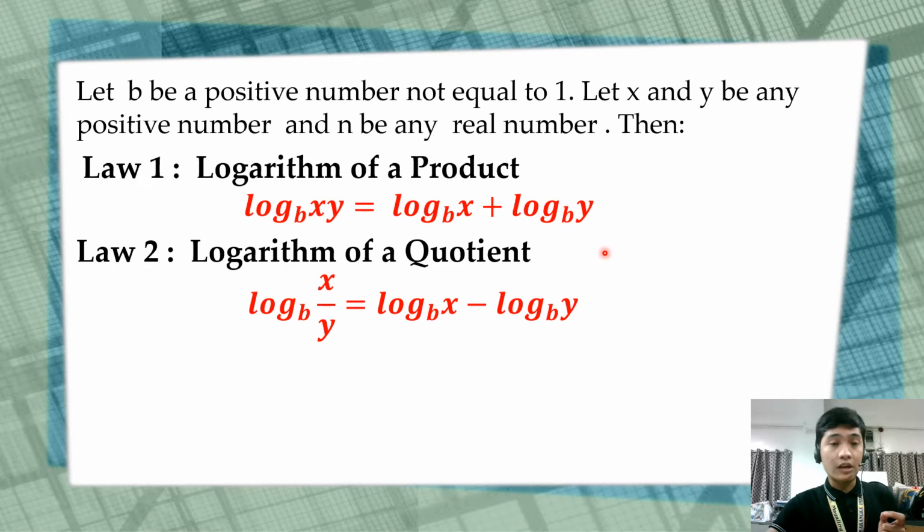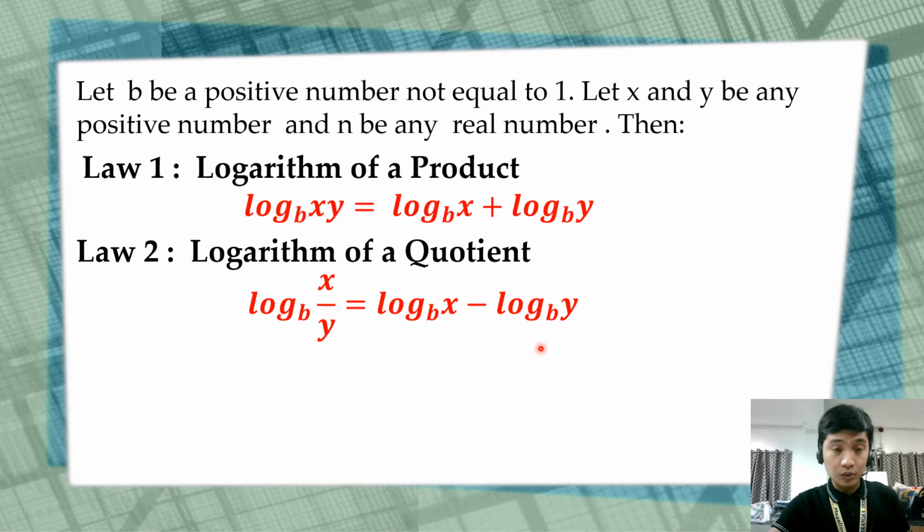The second law of logarithm, we call it the logarithm of a quotient. This time, the mere fact that we mentioned a quotient means we divide two positive numbers. The pattern that we're going to follow in the second law of logarithm is logarithm of x over y base b. Every time you divide two numbers and relate it to a logarithmic expression, the result is always logarithm of x base b minus logarithm of y base b.